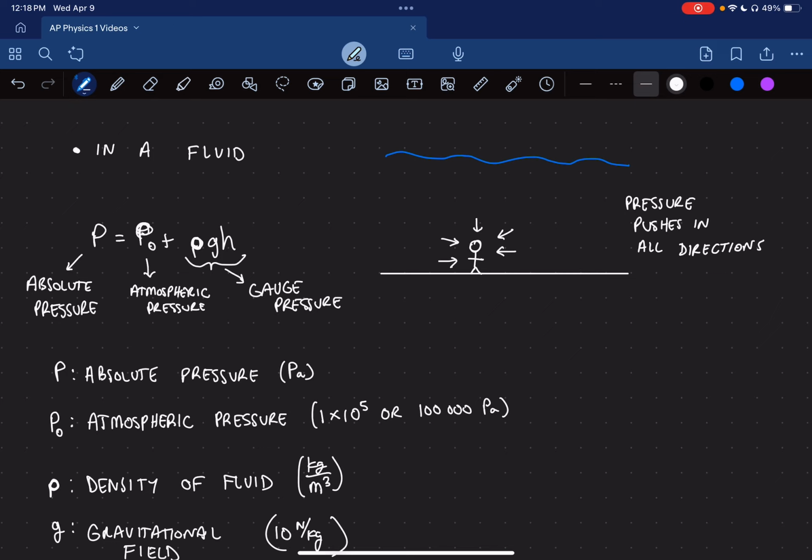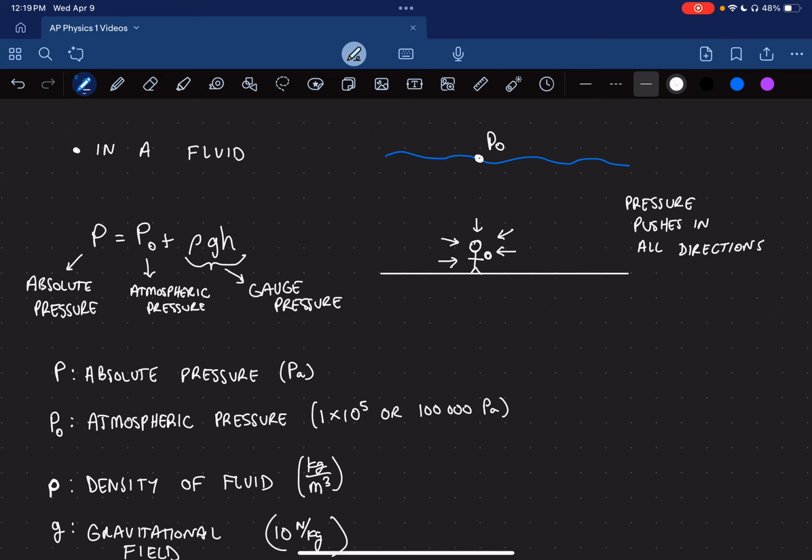P naught, this is a P, not rho, is the atmospheric pressure, which I would label over here. And rho gh, this is a rho, is what we call the gauge pressure. It's the pressure that a gauge would measure. The gauge would measure rho gh.